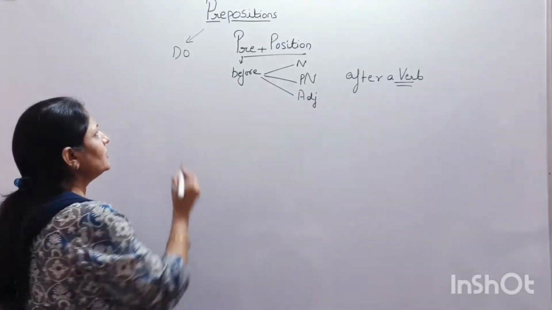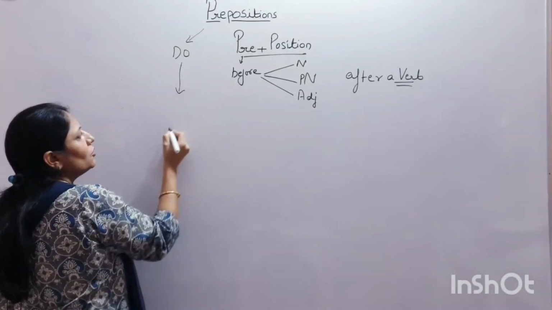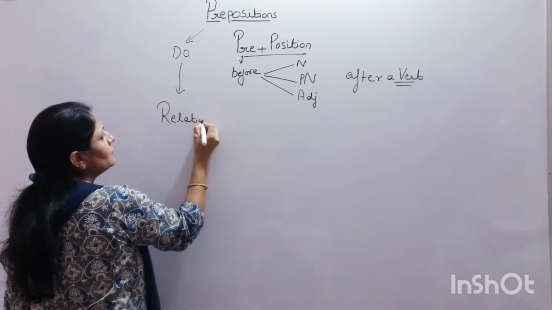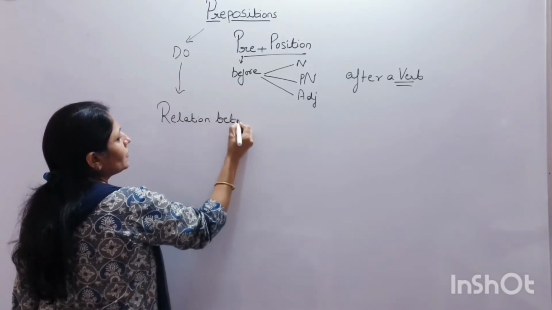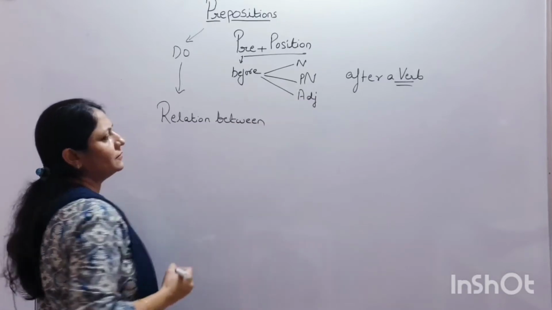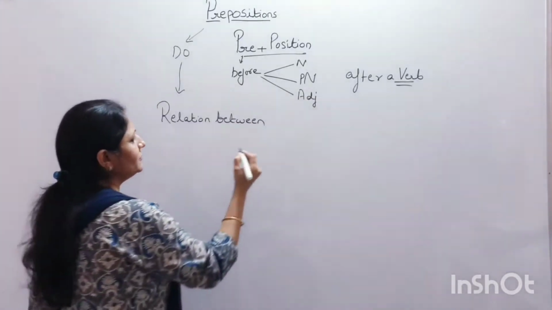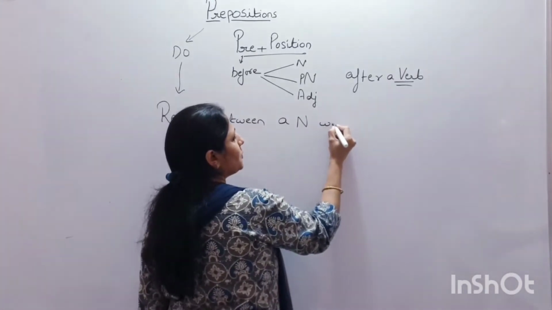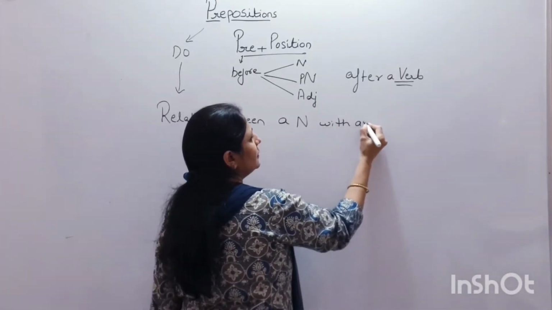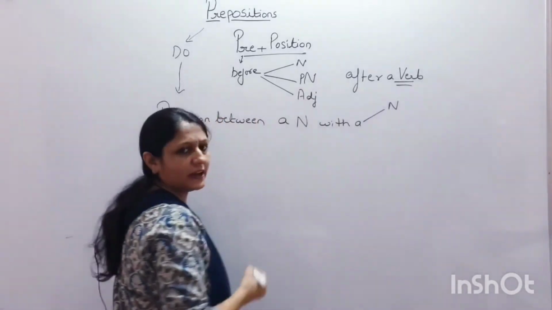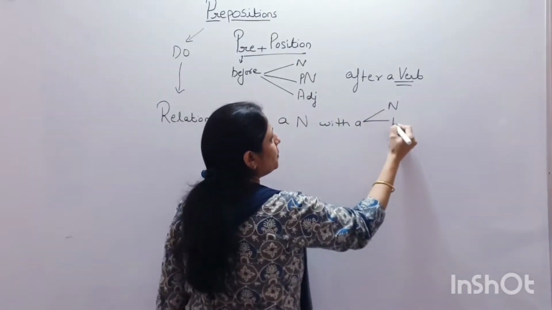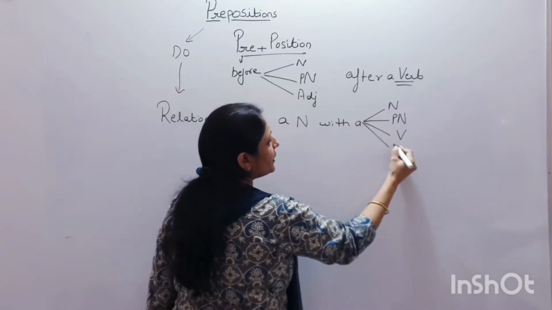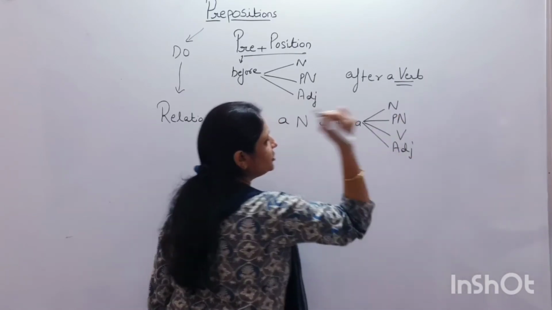But now let us talk about what a preposition does in the sentence. Prepositions normally tell us the relation between a noun with another noun, with a pronoun, with a verb, or even with an adjective.